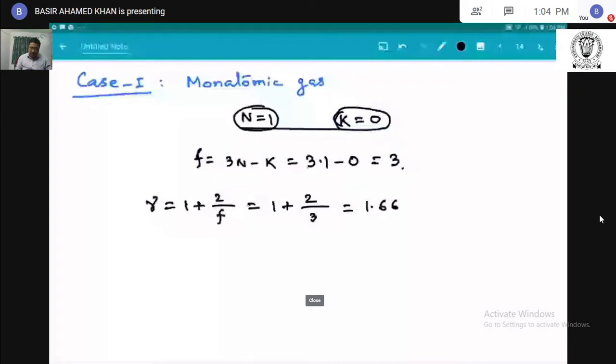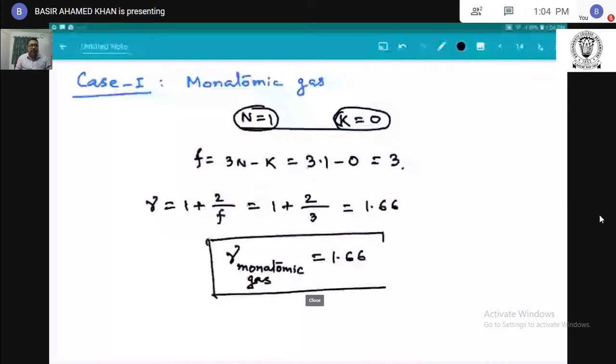Therefore, gamma for monatomic gas equals 1.66. This is the gamma of monatomic gas.